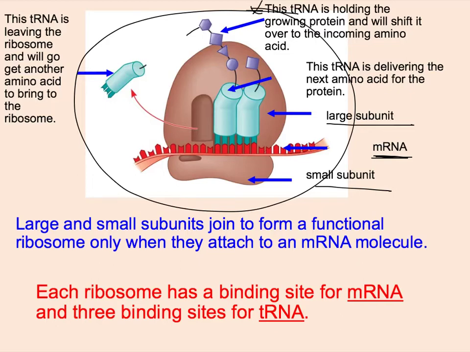So all these things here are showing how the protein is growing because of the amino acids that keep getting delivered there. This transfer RNA right here is delivering the next amino acid for the protein. So this little diamond is going to be added here. And then this transfer RNA, it's done, and so it's going to be leaving that ribosome and going back into the cytoplasm there.